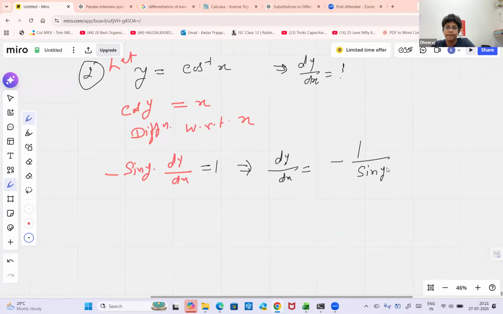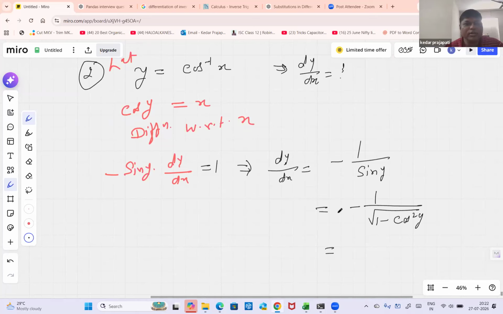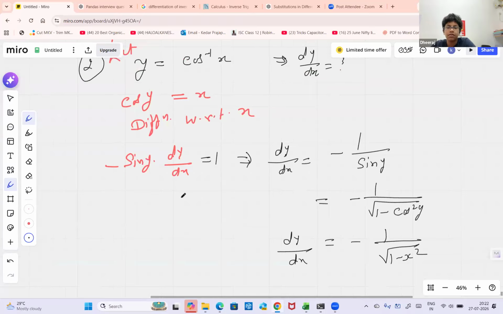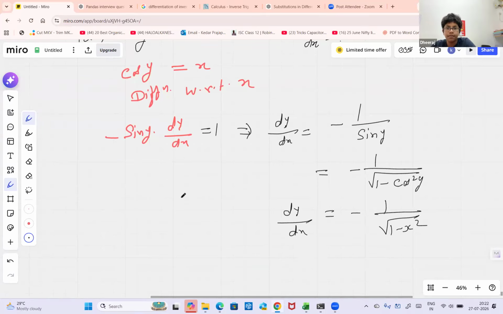Now, I don't know sin y. We know cos y, right? So, this will be how much? Can I write root of 1 minus cos square y? And minus here. And cos y is x. So, this will be minus 1 by root over 1 minus x square. Easy, no? Easy or not? Yes.